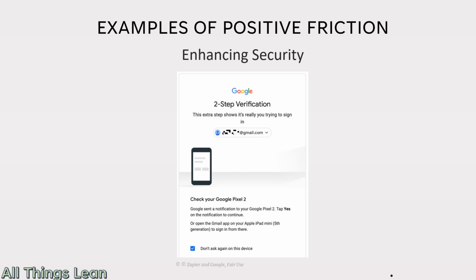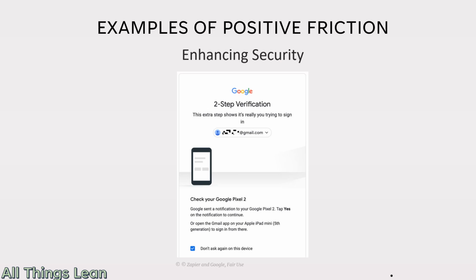Let's talk about enhancing security. With cybersecurity becoming an ever increasing risk, we have seen the rise of two-step authentication, where logging in with only a password is no longer enough. When trying to access an account, especially with sensitive information, you have to confirm your identity by entering a code sent to you via an email, text, or app notification.